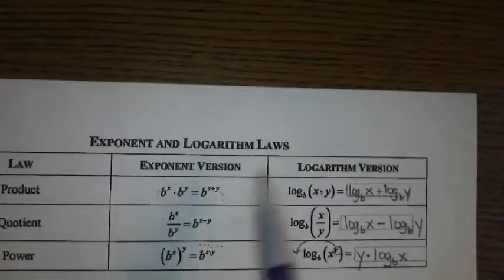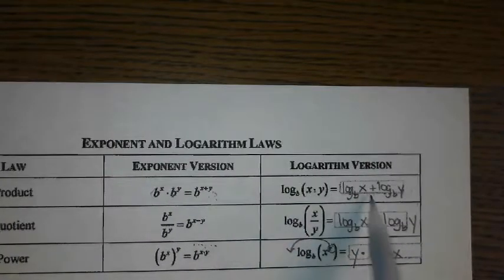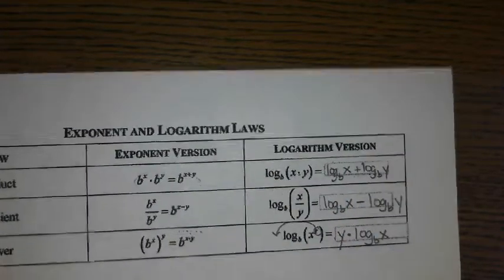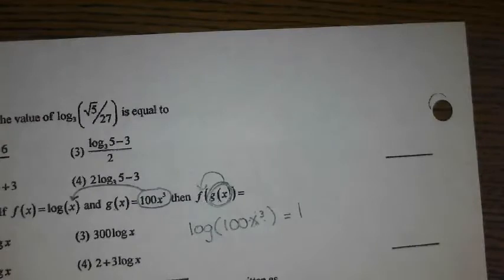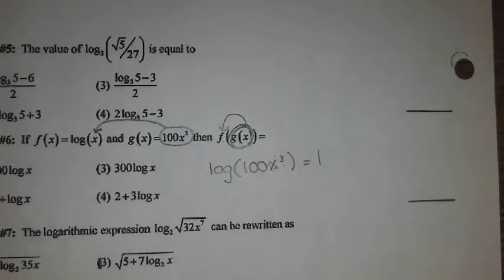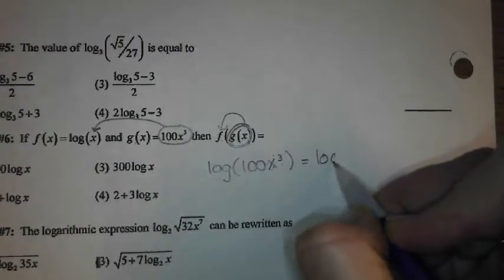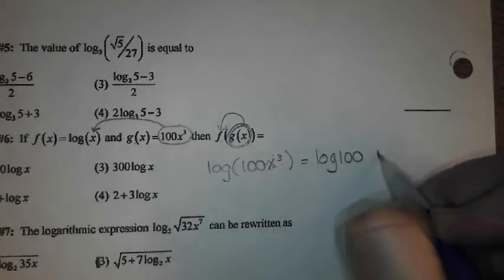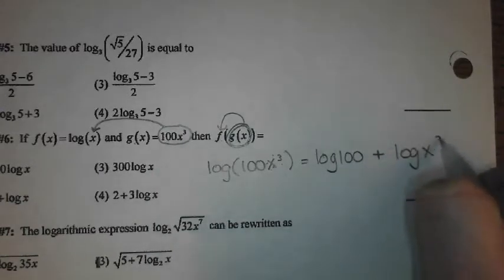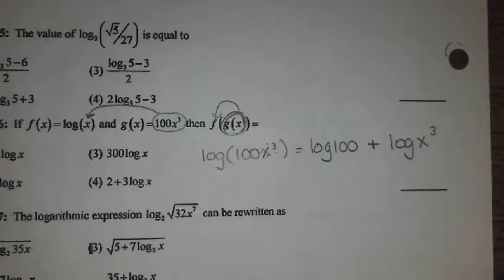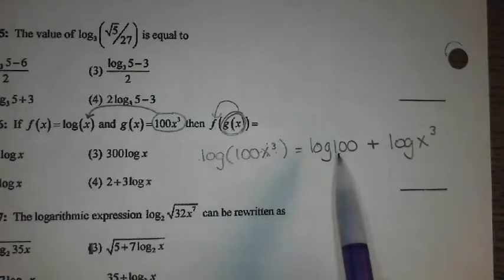Let me go back to our properties. We're going to apply this one first. You got to work on the outermost thing that's happening here: we got 100 times something else. So we're going to first split it up into a log of 100 plus log of x cubed. Now I can start doing some of that other stuff. But if I brought that 3 out in front right away, do you see how that would have inadvertently been on the 100, Mason?